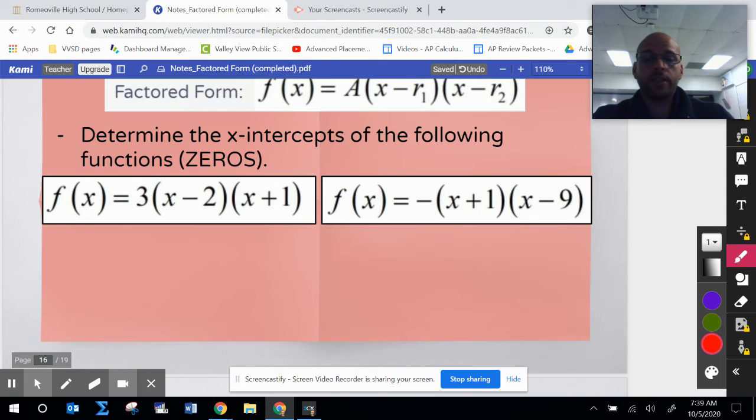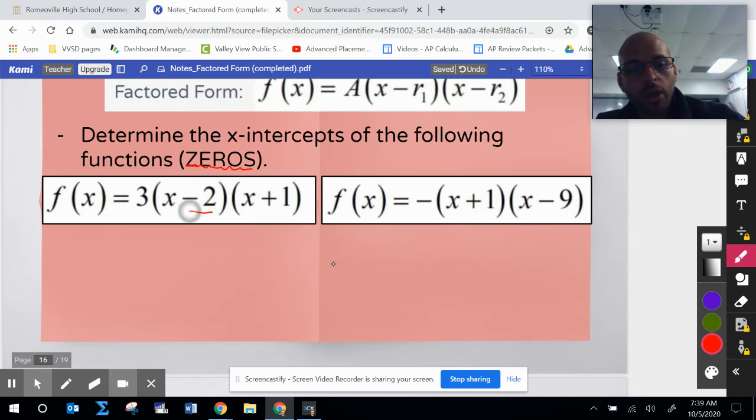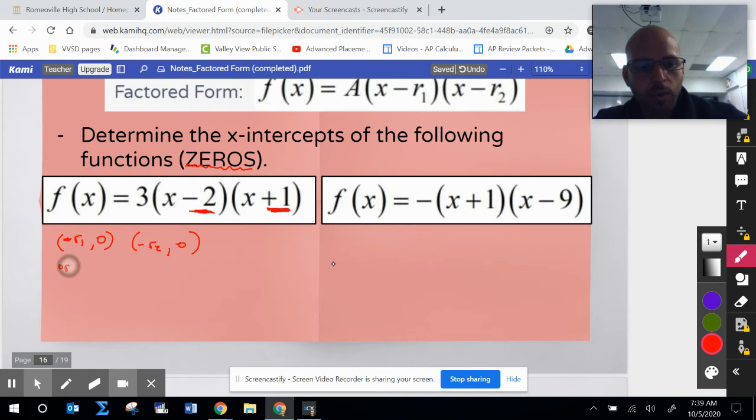When I find the x-intercepts, another word for that is zeros. Okay? So your x-intercepts are going to be the opposite of these values. Okay? They're going to be the opposites. So I'm going to say here that I know I'm going to have a negative R1, comma 0 and a negative R2, comma 0. Again, I put that negative out front to remind you that we need to take the opposite. Okay?